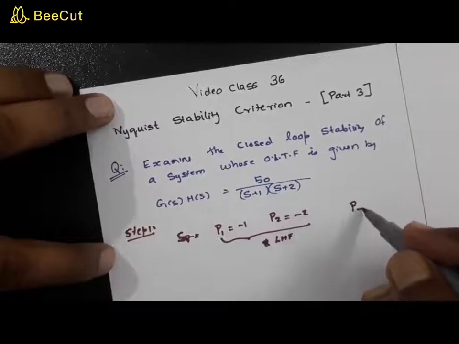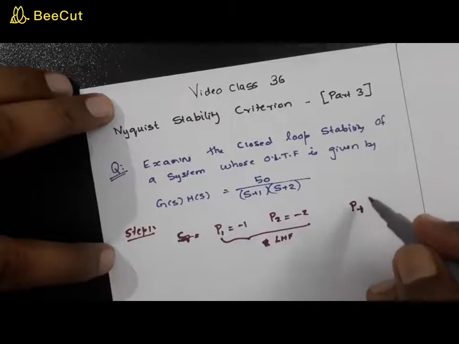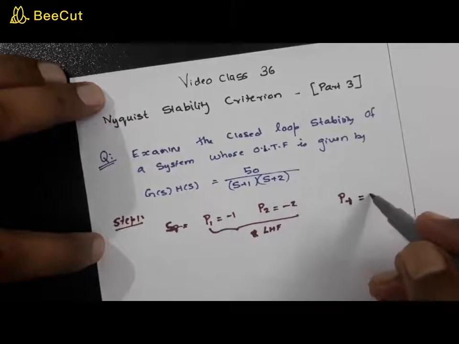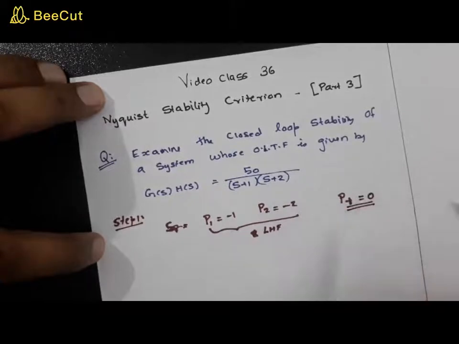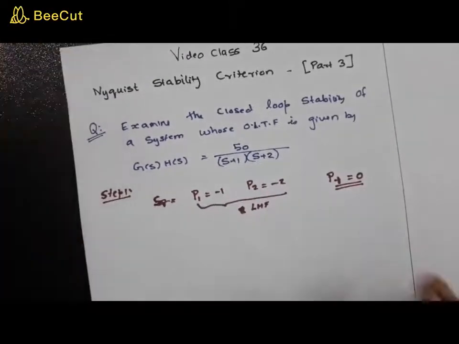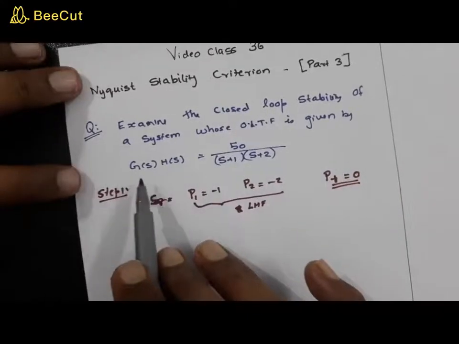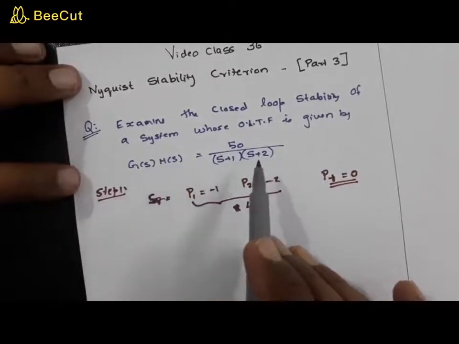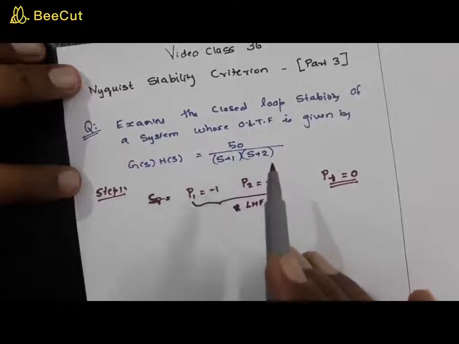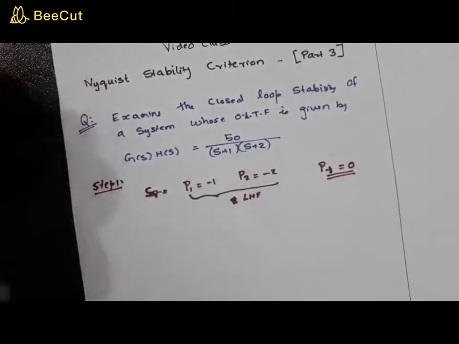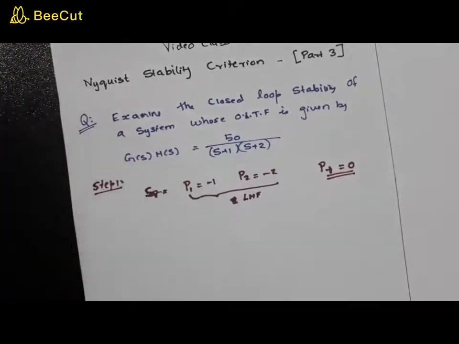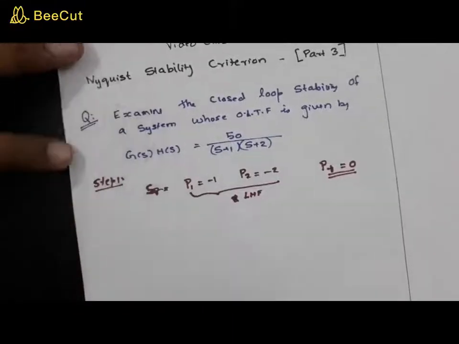The P plus, or the poles at the right half of the S plane, is 0. Okay, right? So this is the information that you got from this given open loop transfer function, and that is the first step.